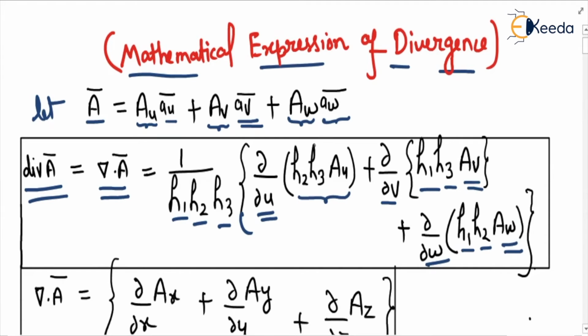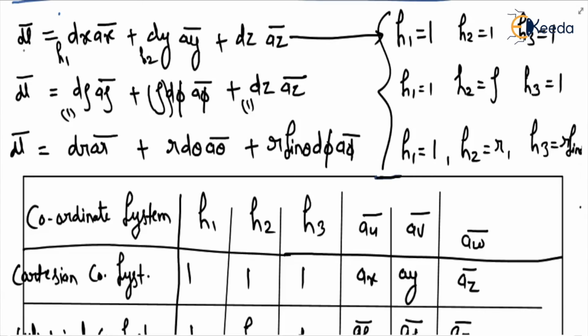We can check from this table. As we know, the differential length vector in the Cartesian coordinate system is dx ax plus dy ay plus dz az. So h1, h2, h3 are 1, 1, 1 because they are the coefficients of dx, dy and dz.